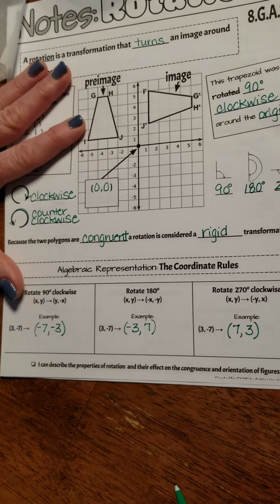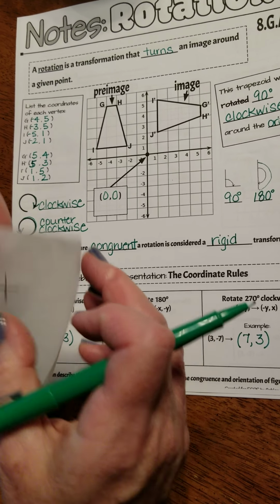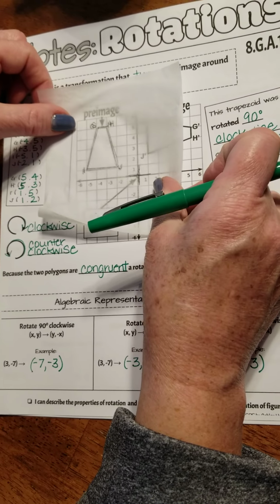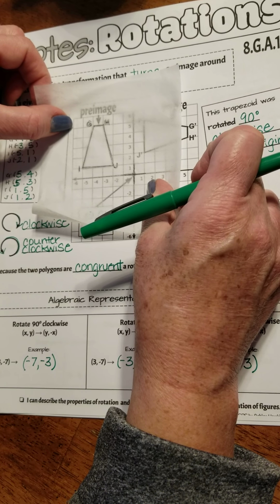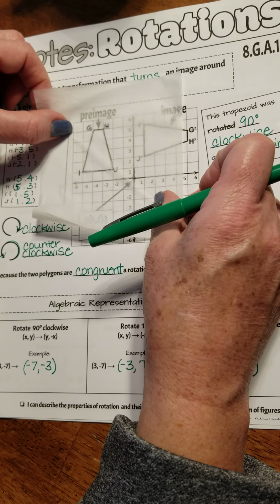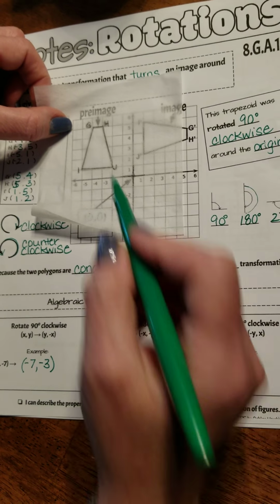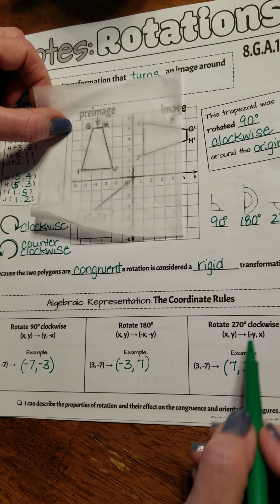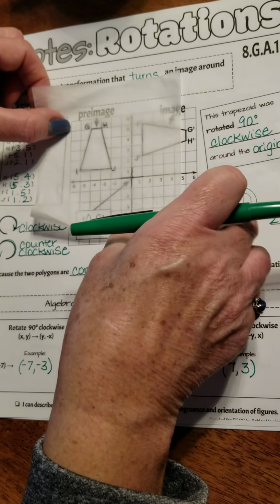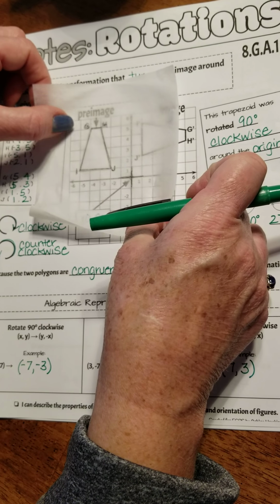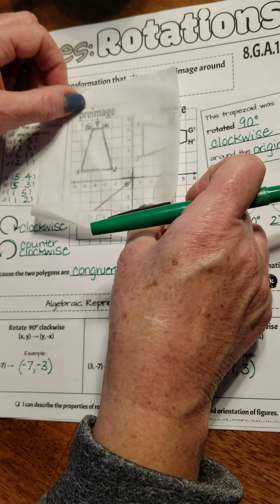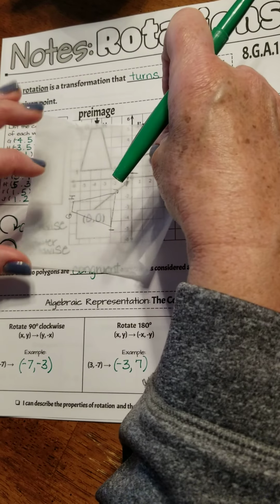Now you'll notice, how else could we have turned this shape to get it to go 270 degrees clockwise? We could also rotate it counterclockwise only 90 degrees.